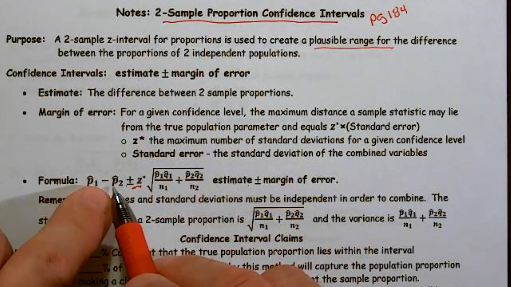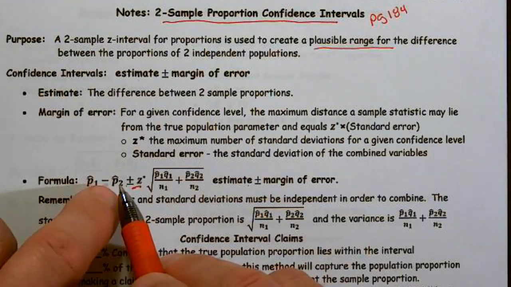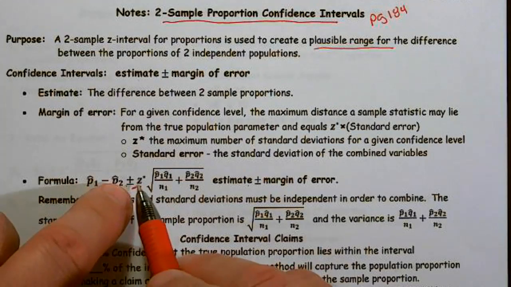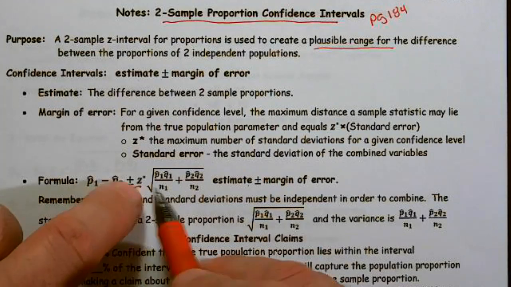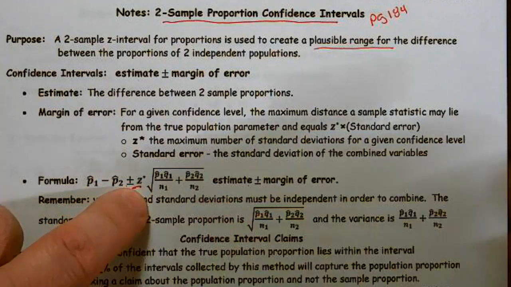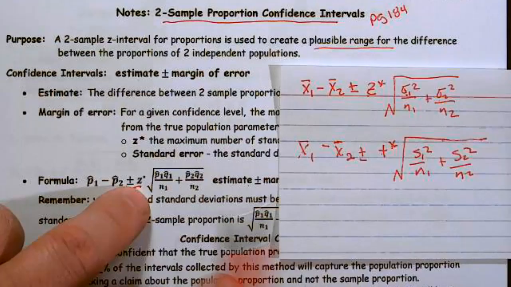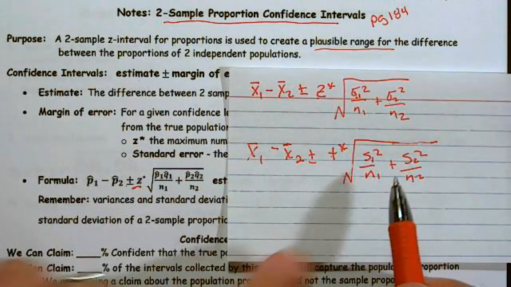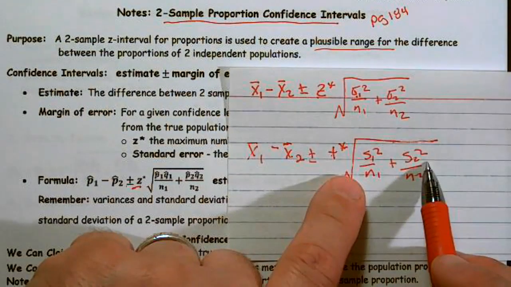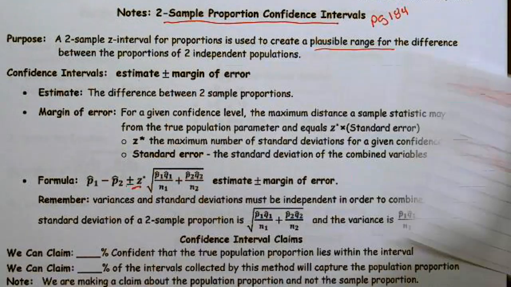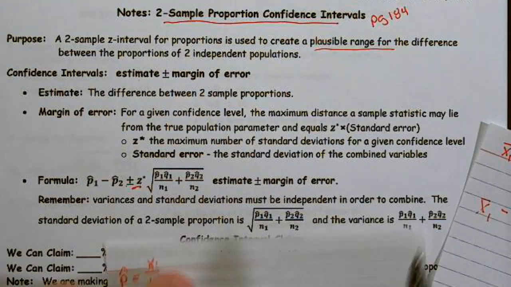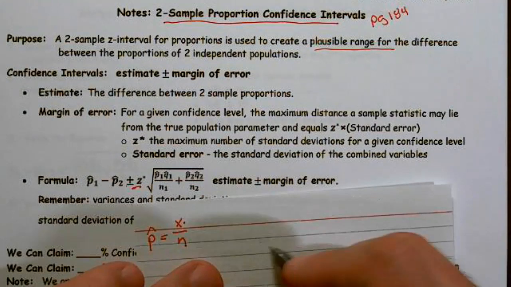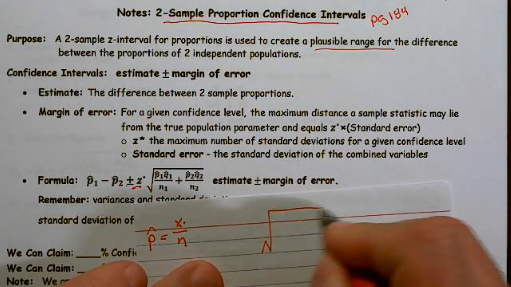So P hat 1 minus P hat 2, the first proportion minus the second proportion, plus or minus this critical value Z star, and then the square root, our standard error. What's interesting is it's almost the same thing as the one sample proportion we talked about the other day.